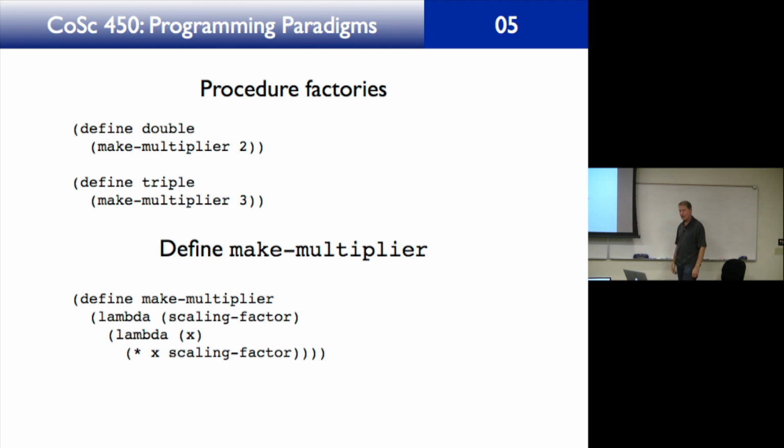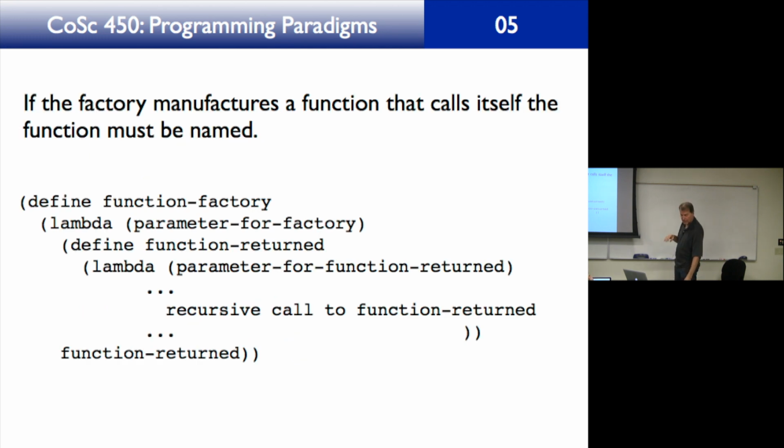Now this was a fairly straightforward example because the function that it returned was not a recursive function. But now here is the pattern, you guys, that a factory has when it returns a function that is recursive.